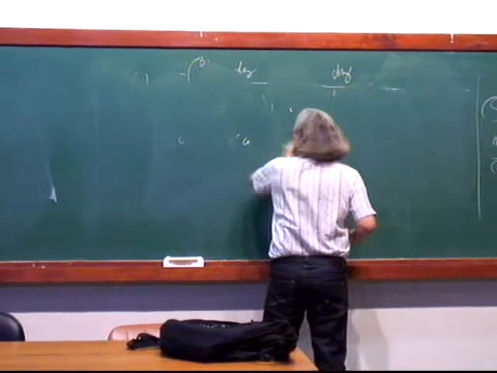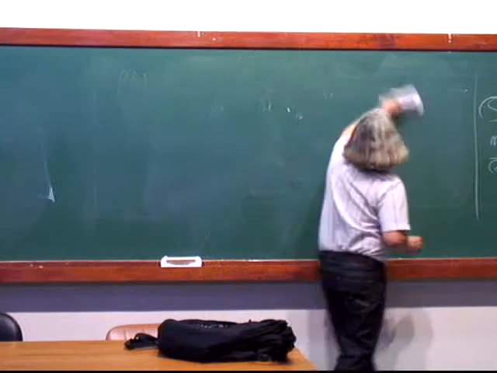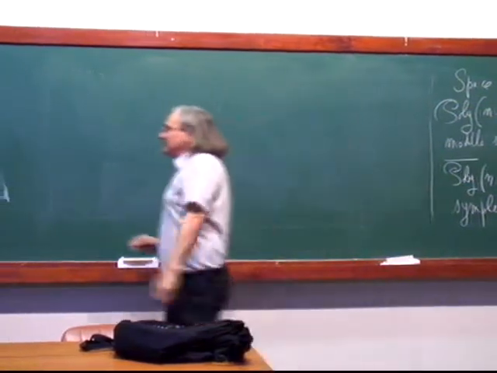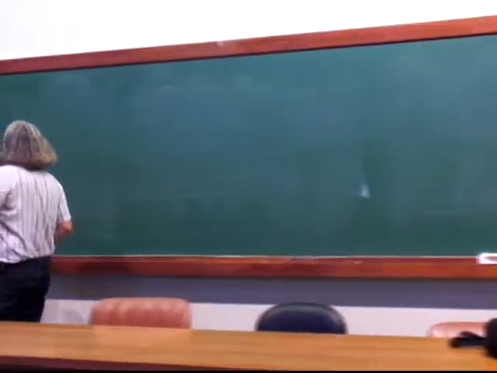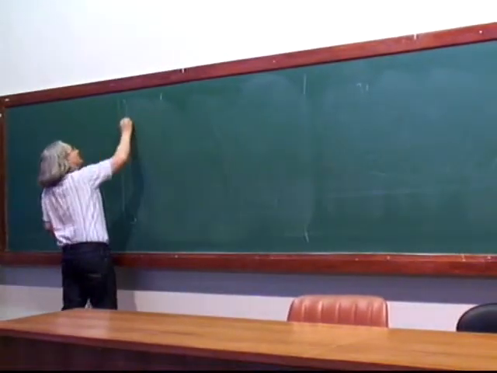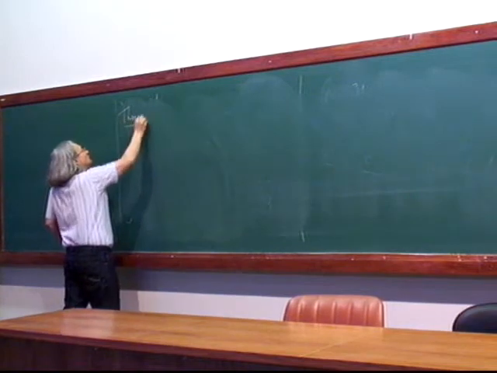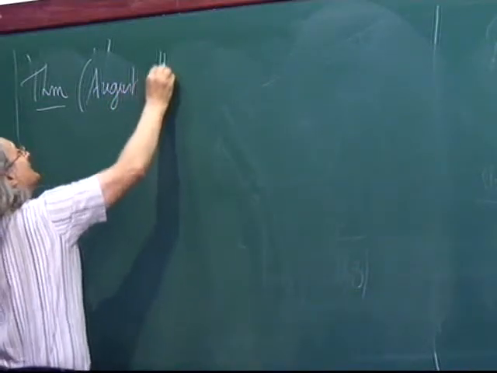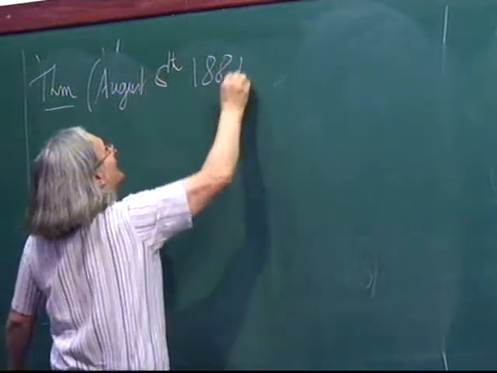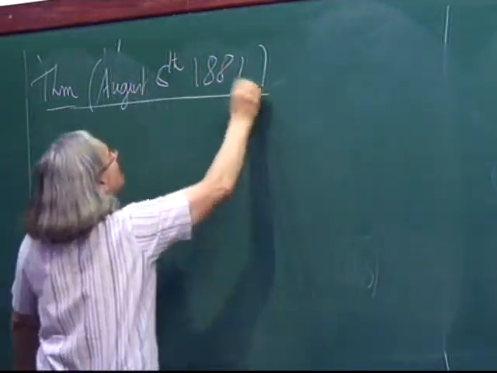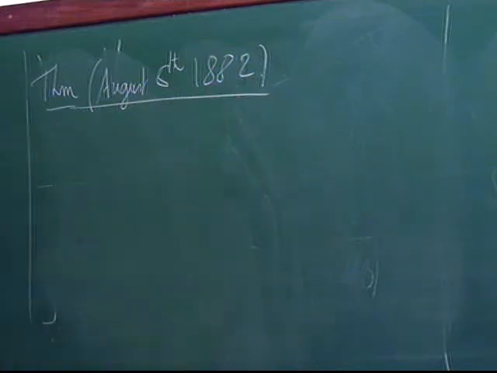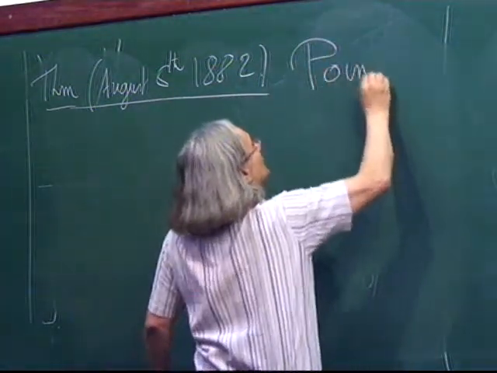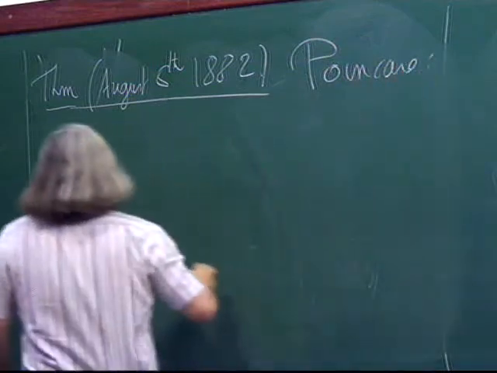Okay, so now let me go to a similar idea that led Poincaré to the following theorem. I told you it's August 8th, 1882. Poincaré. And I will explain that to you. It says the following.